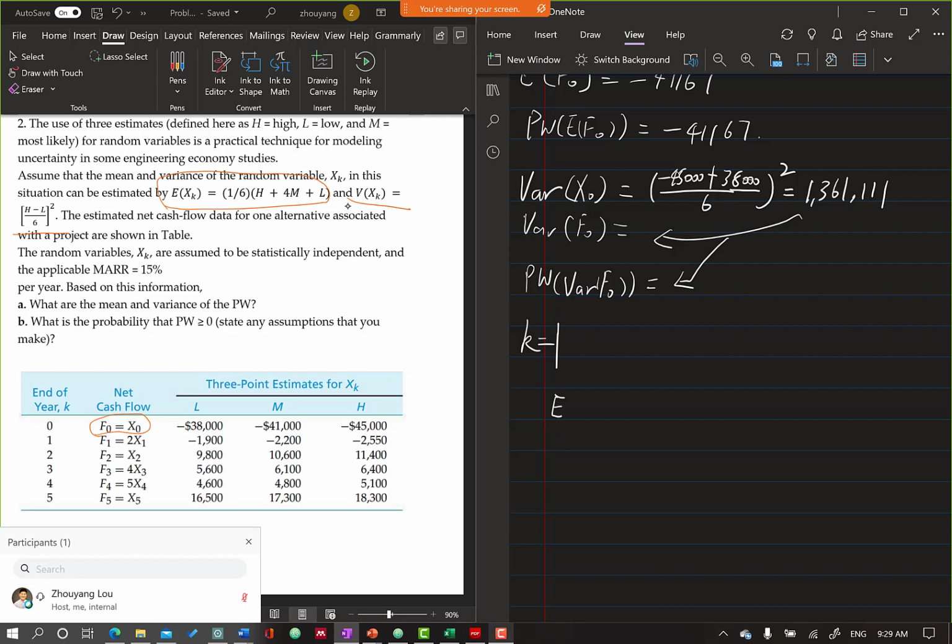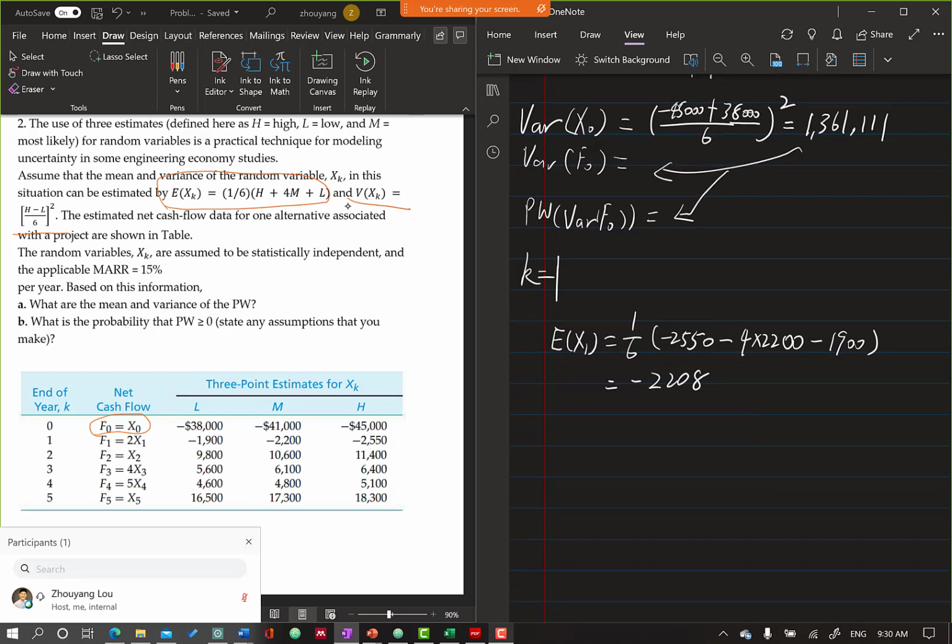So calculate the expectation of x1, take the expression 1 over 6 high plus 4 times the middle number, and since the middle is a negative number, we just have the negative sign here, 2,200, and minus 1,900, that's the low, and we will have minus 2208.